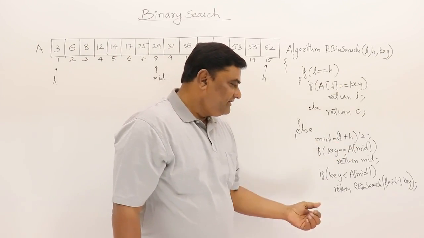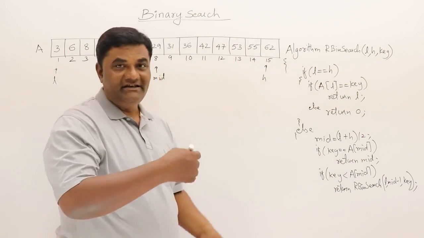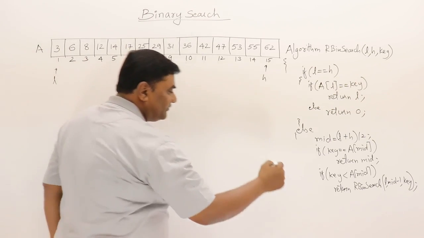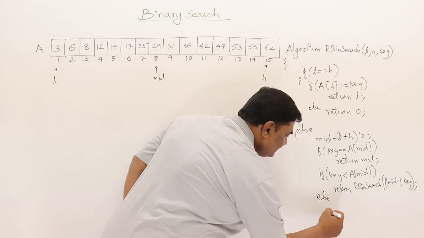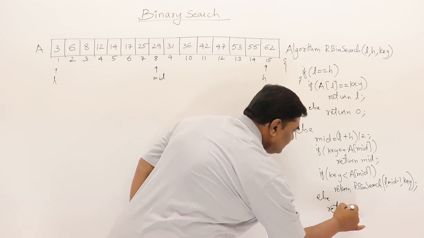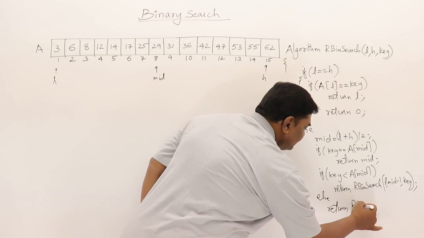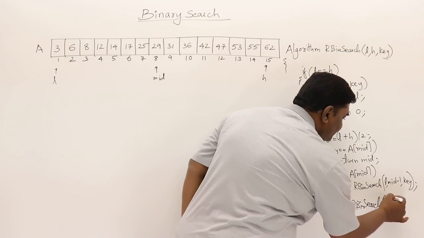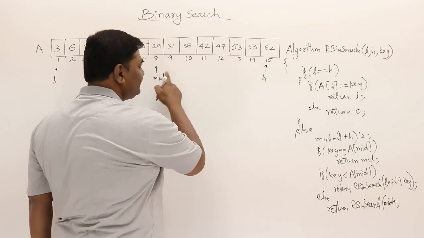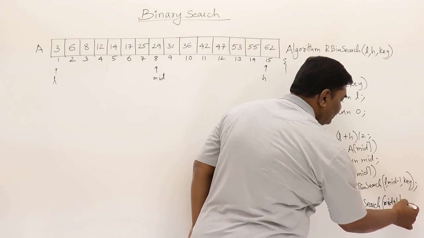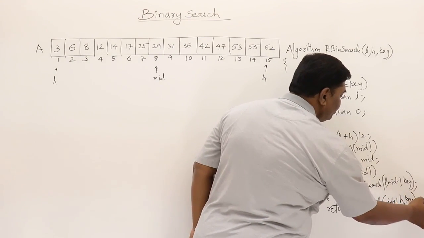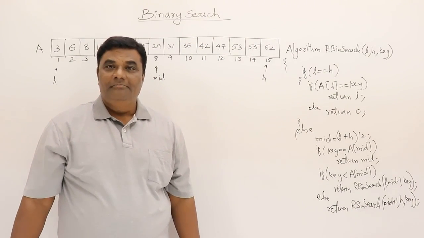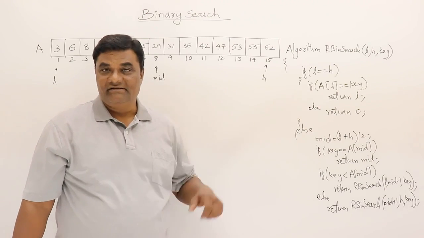If key is not less, then definitely key is greater. So look for the key element on the right hand side, that is mid plus 1 to high. Else, return RBinarySearch mid plus 1 to high, and key is as it is.